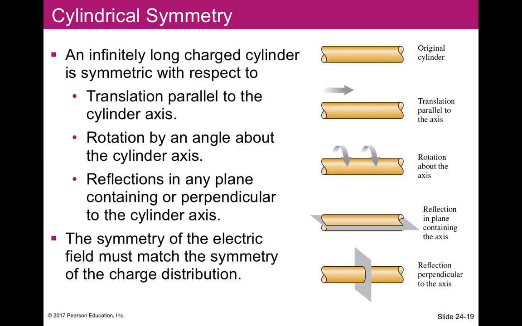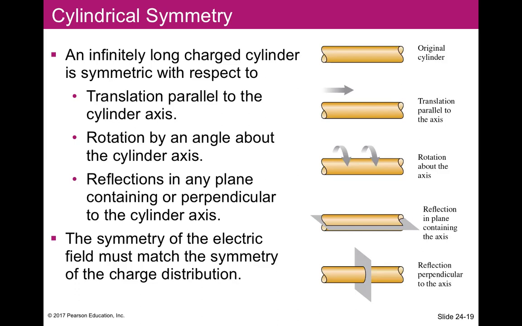The second symmetry is rotation by an angle about the cylinder axis. Now you have, let's say, a cylinder or a tube. It's infinitely long but straight. If you rotate it by a certain angle, what you get after the rotation should be exactly the same as before the rotation, if it's a perfect cylinder.